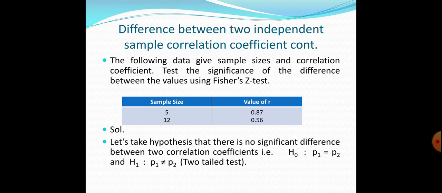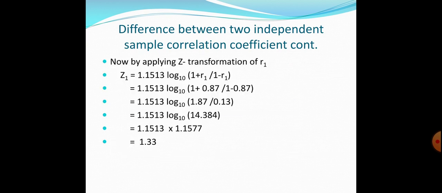So we can't apply the t test; we have to apply the Fisher's Z transformation test. Now let's take the hypothesis that there is no significant difference between the two correlation coefficients, that is rho1 is equal to rho2, and the alternative hypothesis is that they are not equal to each other.